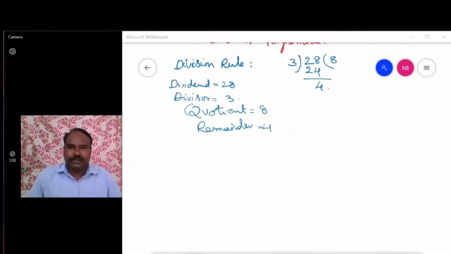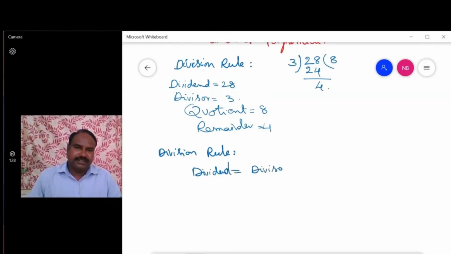According to the division rule, the division rule is nothing but dividend is equal to divisor into quotient plus remainder.